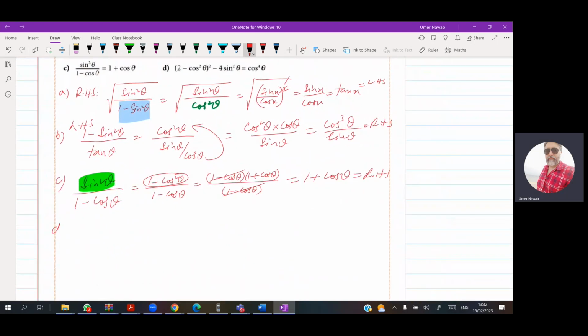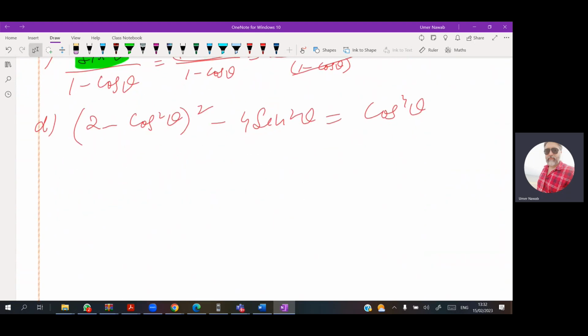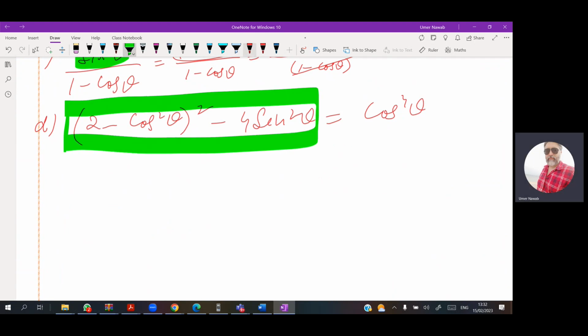Then we go to the D part. D part is 2 minus cosine squared theta, whole squared, minus 4 sine squared theta. We want to prove it equals cosine power 4 theta. Let's try to solve our left-hand side.